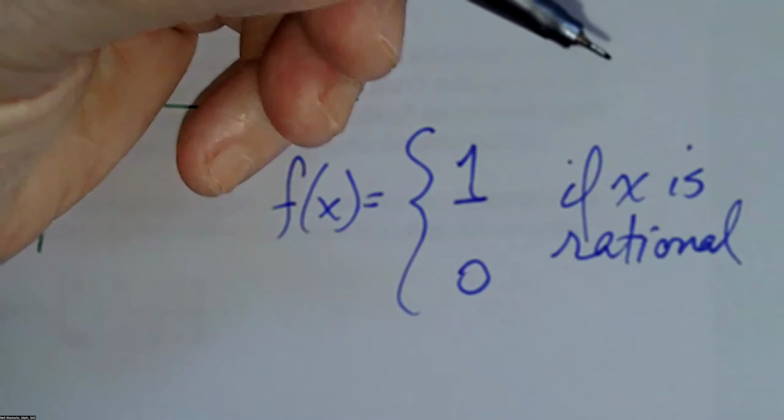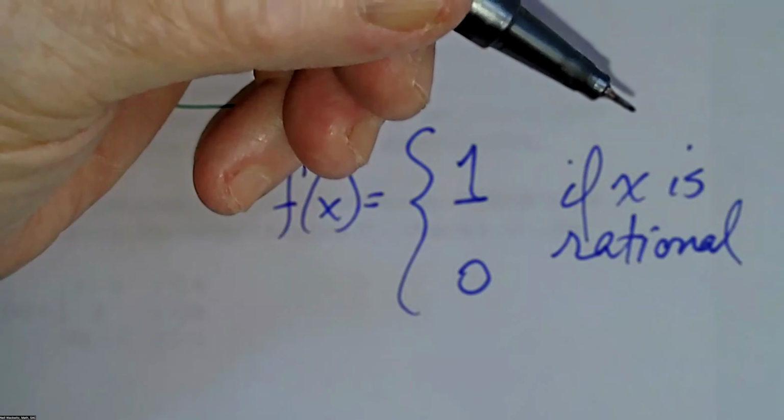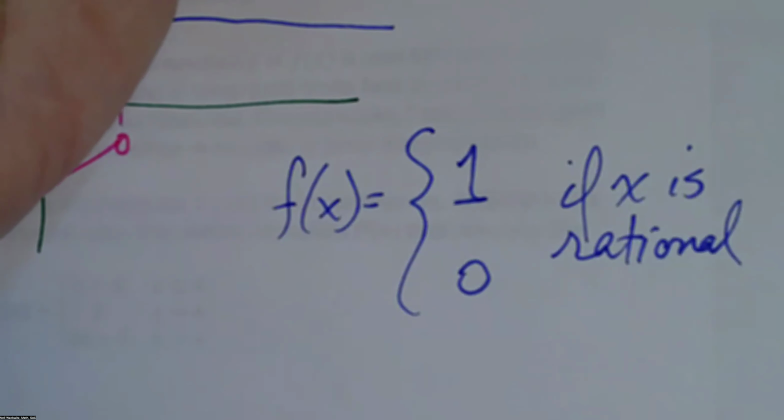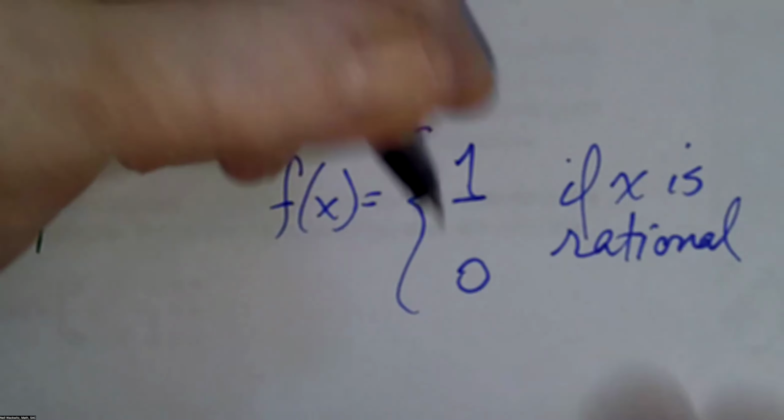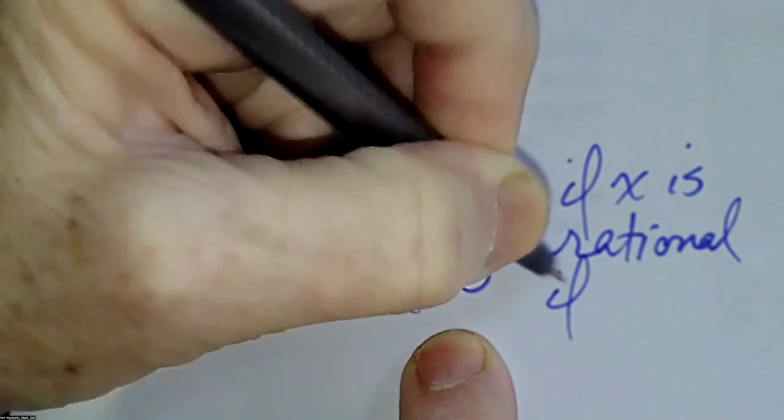And remember, rational just means that it can be written as a fraction. So integers and all fractions, all decimal numbers with terminating decimals or repeating decimals are rational numbers. And it equals 0 if x is irrational.